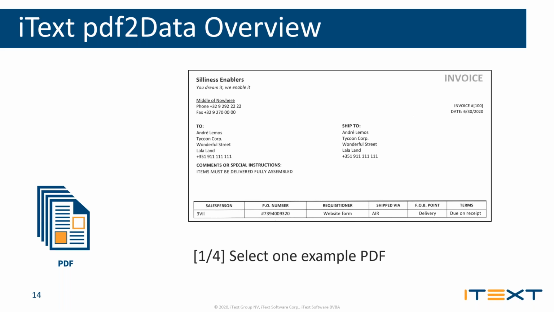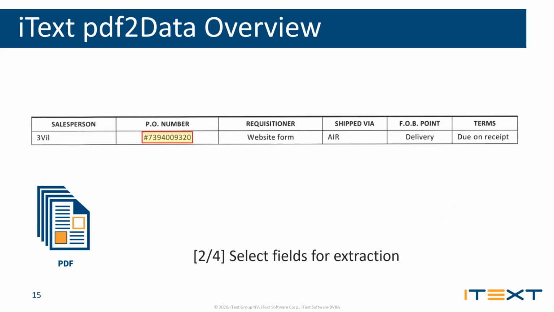After you choose one sample document, you visually define which fields you would like to extract using our web app. It's a visual web app so that non-developers and developers alike can use it with ease. In this particular image, we are defining a purchase order number for extraction.